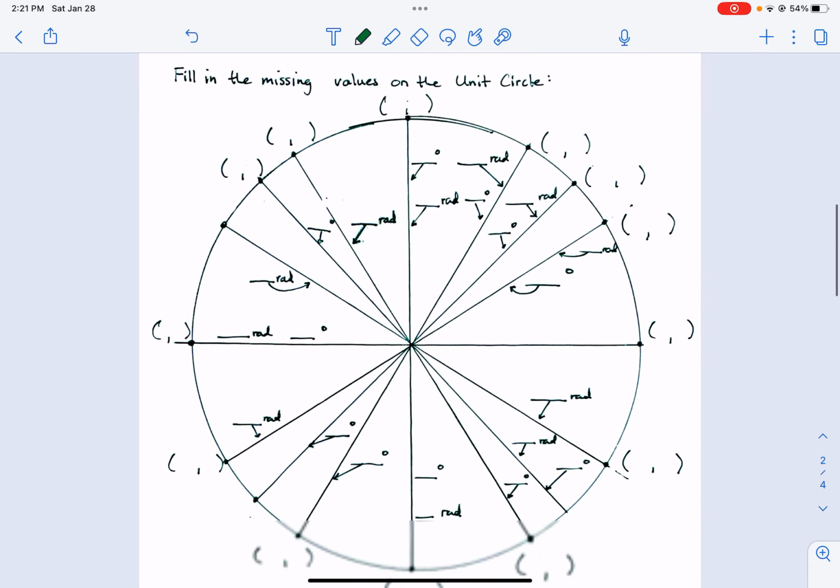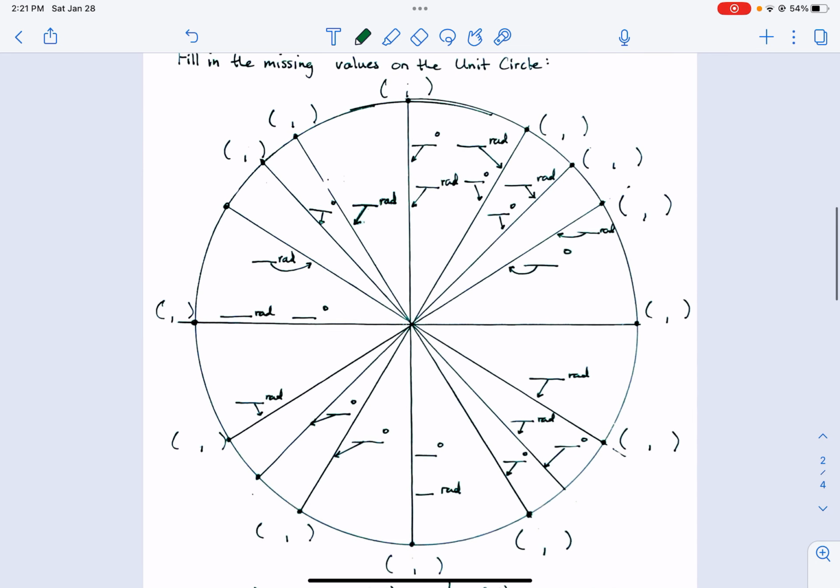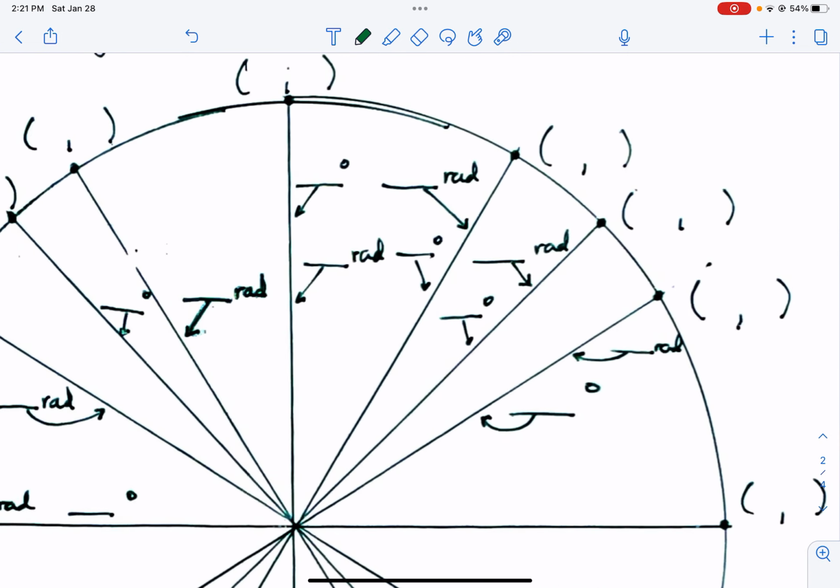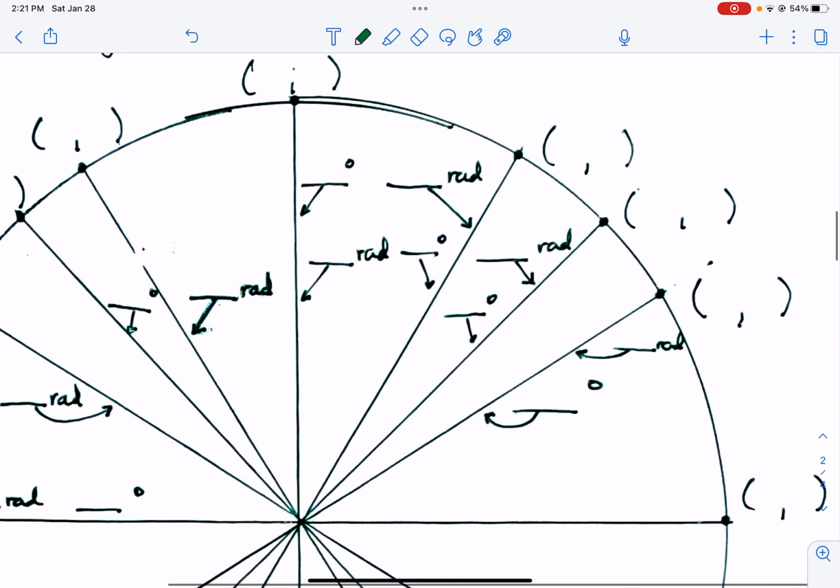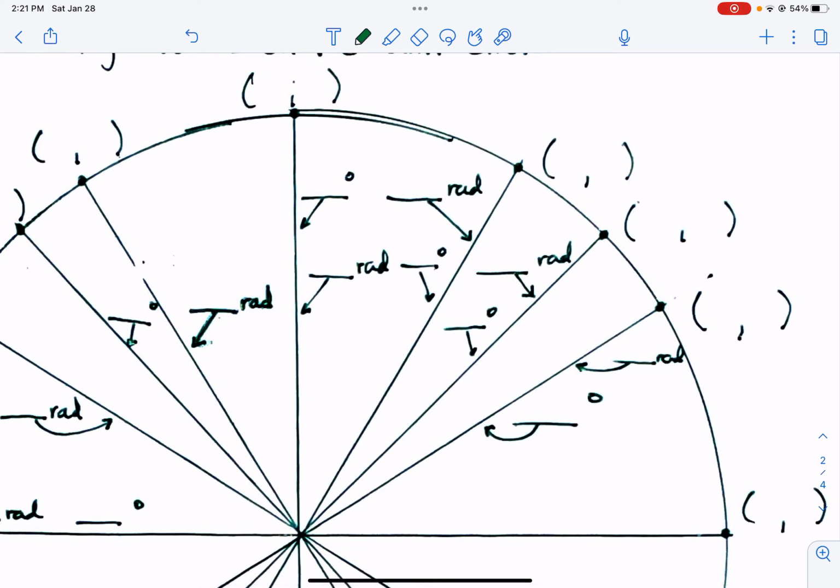All right, let's go down a little bit more. We've also got this unit circle. We'll go ahead and fill in a bunch of these values. The most important part about this circle for sure is this first quadrant, so we definitely need to know these values. I'll go ahead and start with the degree lines. So this is 30 degrees. That's 45. That's 60.